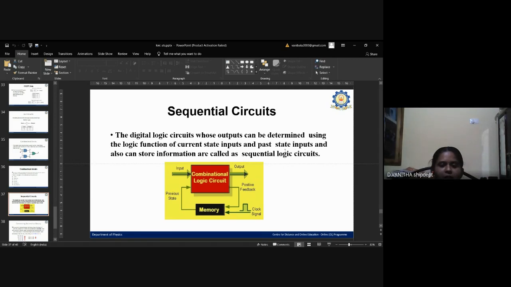In this diagram, with the combinational logic circuit, there is one input and an output is taken. That input is stored in the memory. Here we are using positive feedback, and the output can be taken as a logical clock signal.